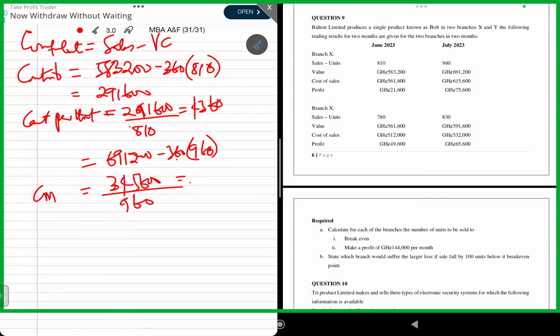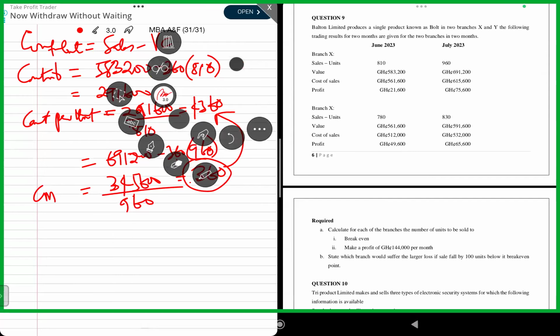What do we have? 360. Yes, 360, it's the same. So whether you use the high and low, you get the same. So this is the contribution per unit.